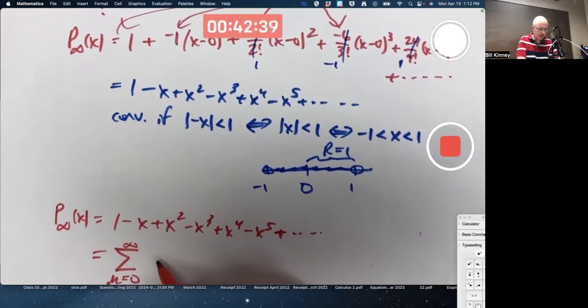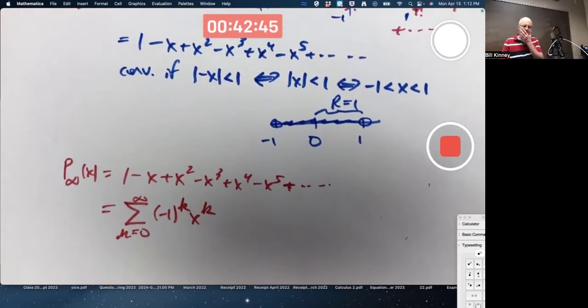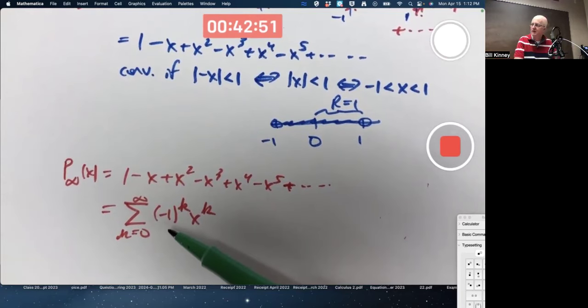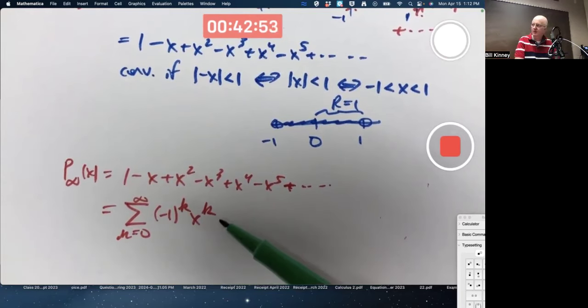Be a little careful here. You could write it as -1 to the k x to the k. Double check it in your mind. -1 to the 0 power is +1 times x to the 0 is also +1.